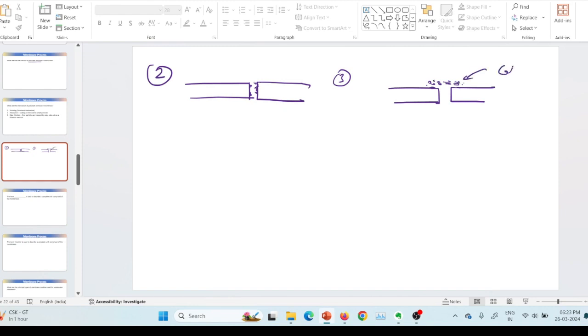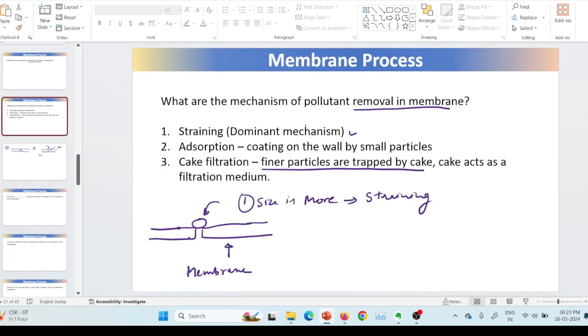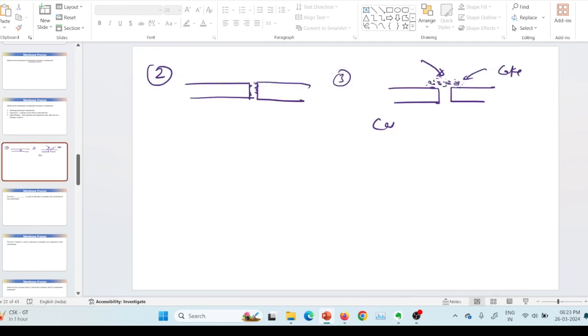This is the cake, and this will cause particles to be retained. The cake itself acts as a filtration medium. So this is the cake, the impurities which are trapped over the pores.